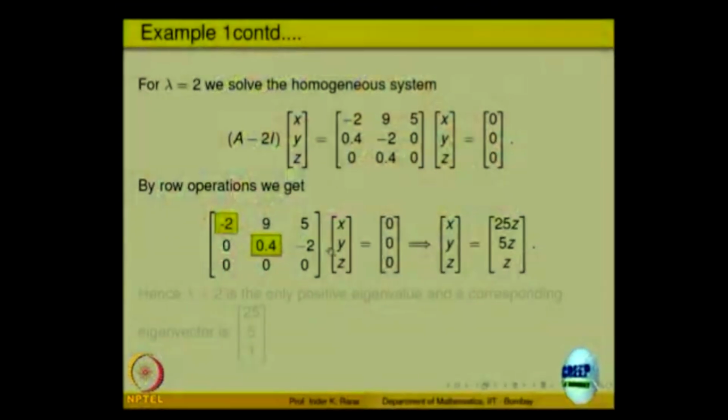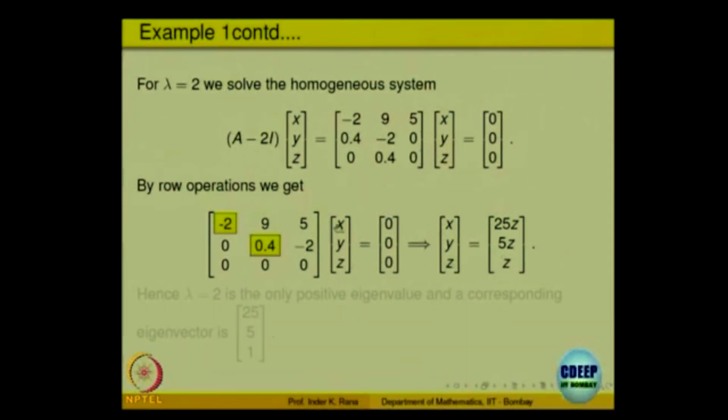So, find this. That means what? If this is equal to c, what do you get? You solve for x, y, z. This decimal you can remove, so you get 25z. z is arbitrary, since the rank is less, one row is 0. So, what is the variable that gets an arbitrary value? The third one, z. You give z an arbitrary value, then find y in terms of z from this equation, put back the value, and you get the value of x.